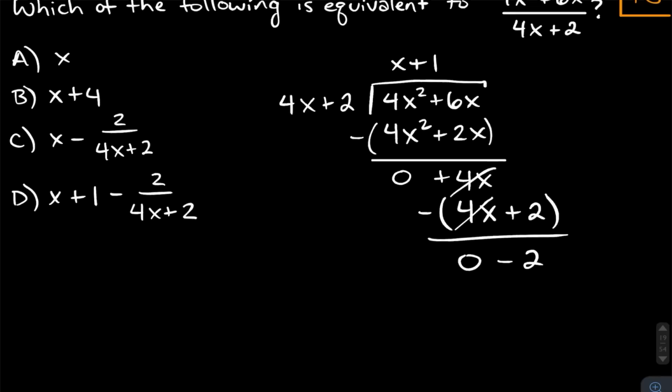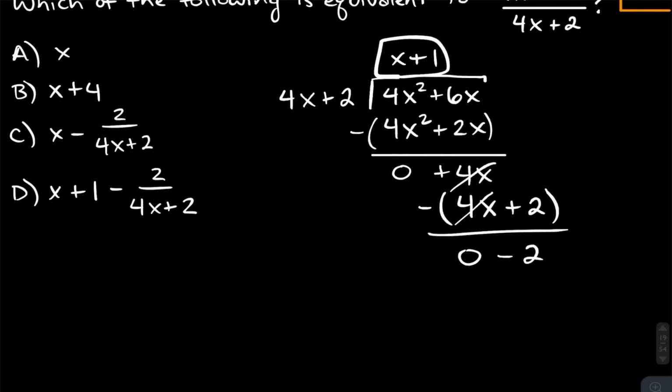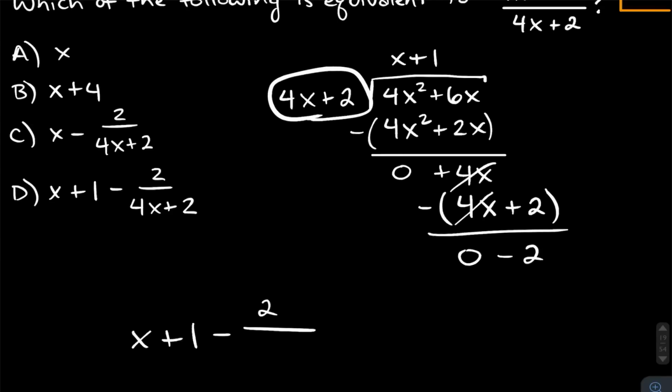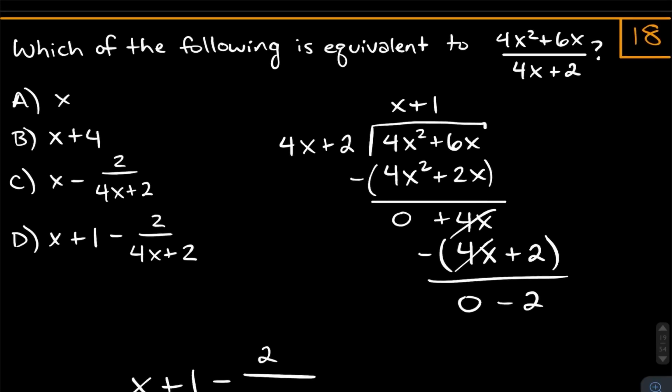So your quotient here is x plus 1, right? And so the answer is x plus 1, but then you have to do remainder over divisor, right? Your remainder is negative 2. So you do minus and then that 2 up there. Your divisor is what you're dividing by, right? So how would you know what you're dividing by?